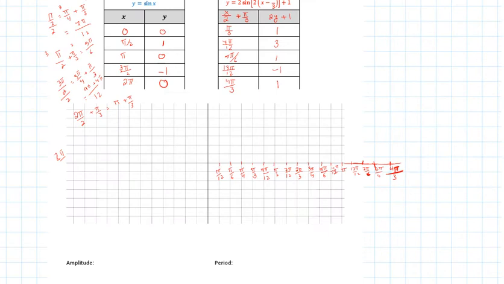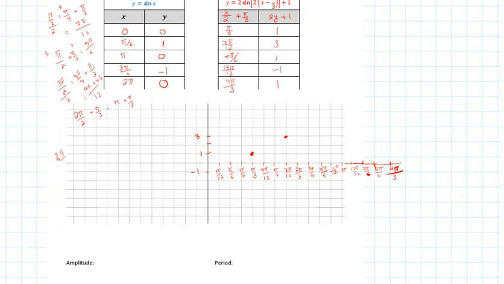Now, my first point is going to be at pi over 3, 1. So let's go 1, 2, 3, and then negative 1. And then it's going to be at pi over 3, 1. And then I have 7 pi over 12 and 3. Then I have 5 pi over 6 and 1.